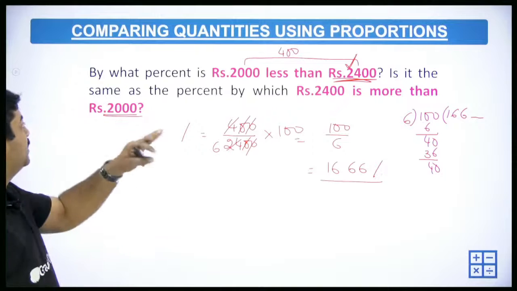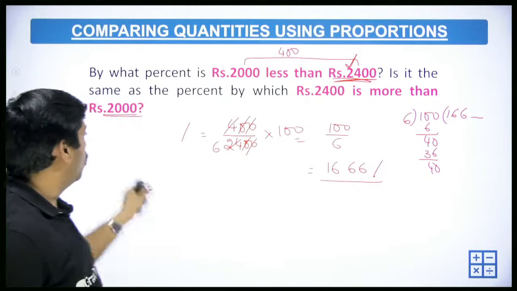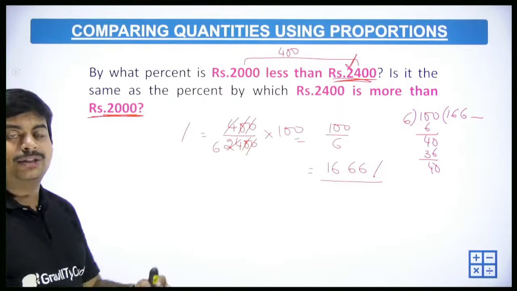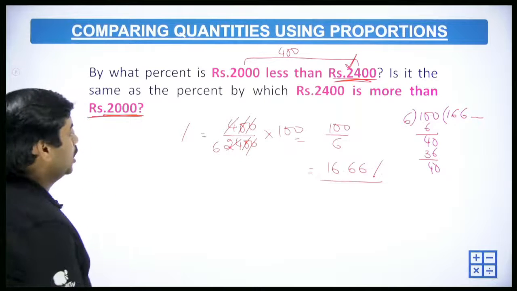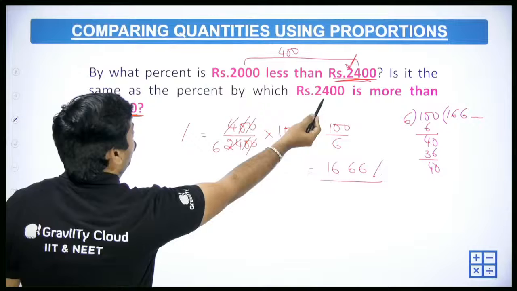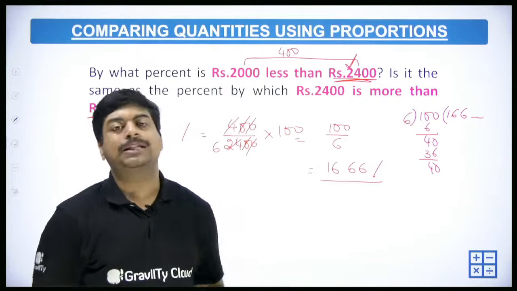Now, is it the same as the percentage by which 2400 is more than rupees 2000? So rupees 2000 is the comparing quantity now. 2400 is more than 2000. By how much is it more?